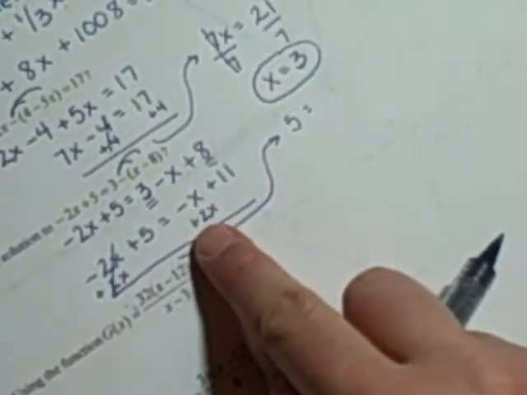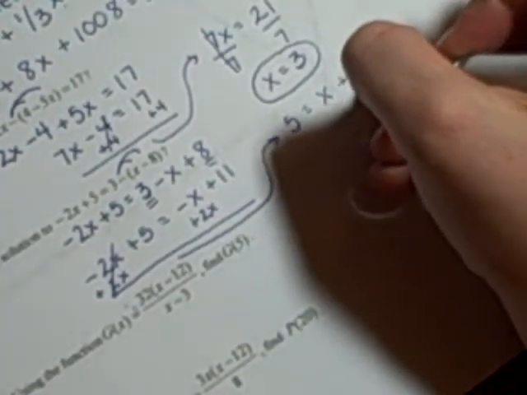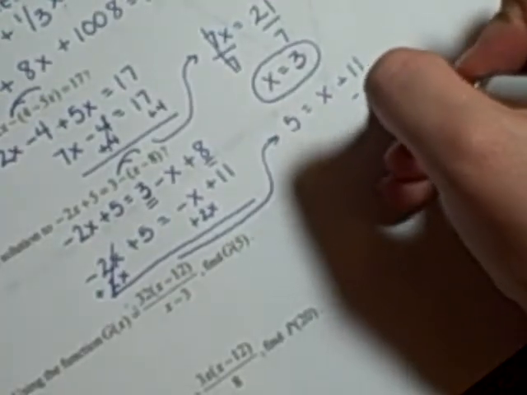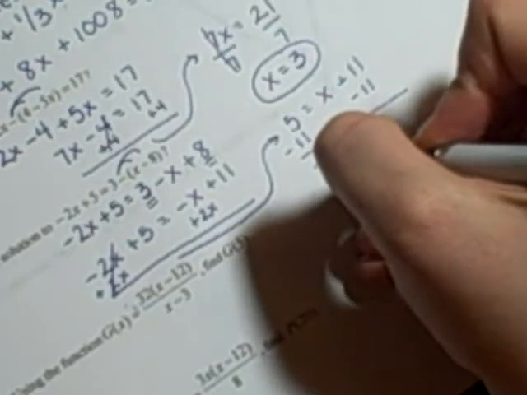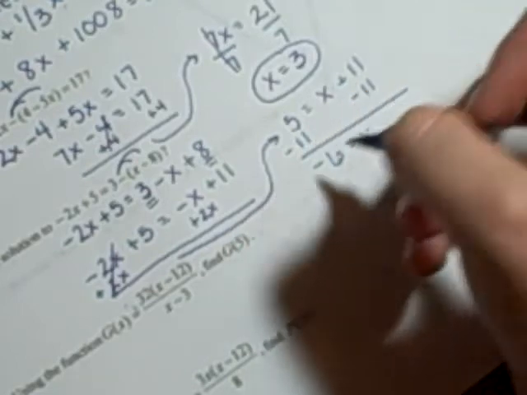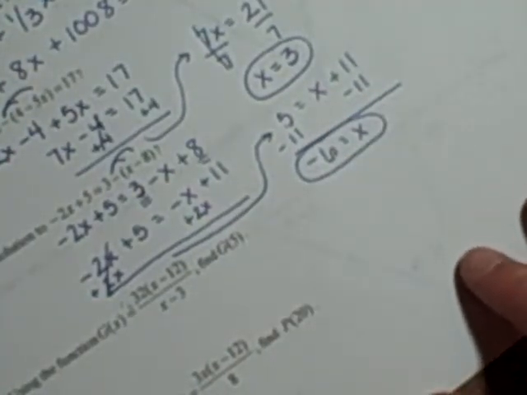Negative 1x plus 2x gives me positive 1x, or just x, plus 11. And then let's subtract 11 from each side. So I end up with negative 6 equal to x. Okay, and that's it for question number 4.